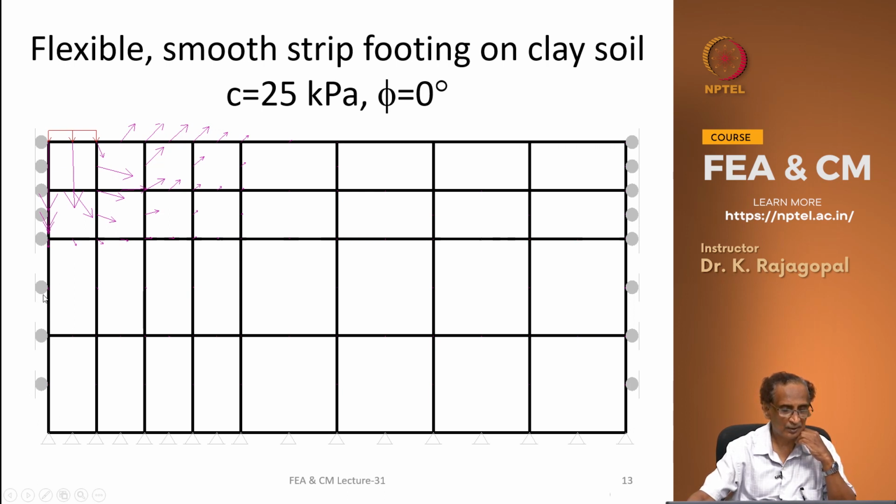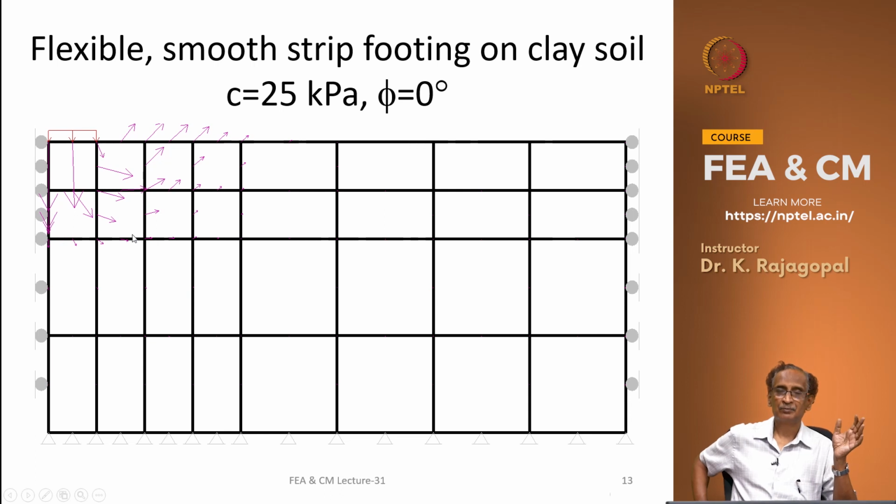This is a roller, typical roller at all these, and the elements that are used are 8 node quadrilaterals, and this particular soil is a clay soil with a c of 25 and phi of 0, and you can actually see the pattern of the circular slip surface.